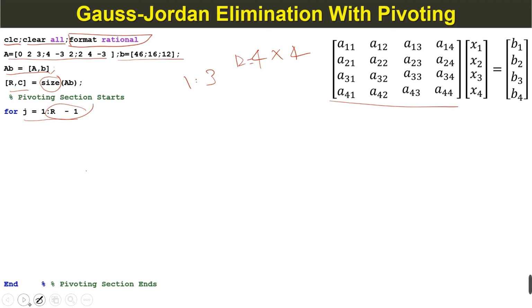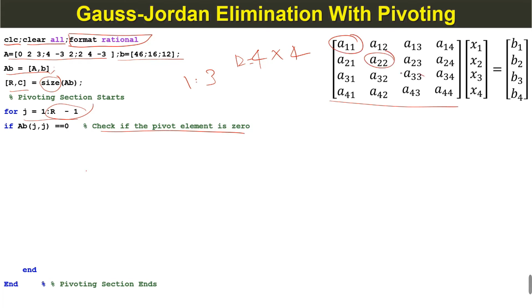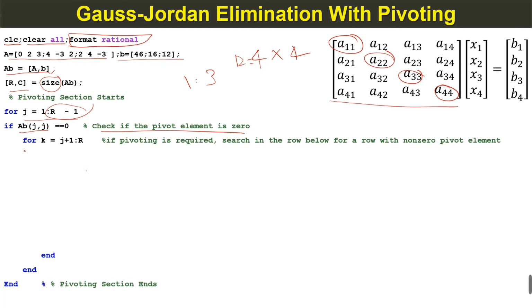Next we check if the pivot element is 0, for example this one and this one, for j is equal to 1 it is (1,1), for j is equal to 2 it is (2,2), and so on. If the pivot element is 0, next we use a for loop.